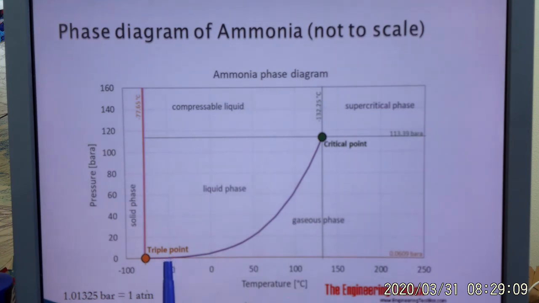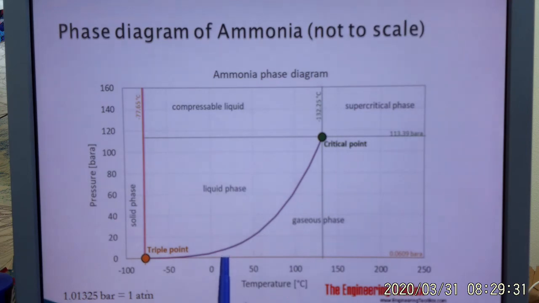So basically what we're saying is that if this is my triple point, that's my liquid phase, and let's say room temperature is 25 degrees Celsius, 1 atmosphere, we're right here. The bottom line, that's why when we talk about ammonia, we're primarily talking about it being in the gas phase, because we're right here.